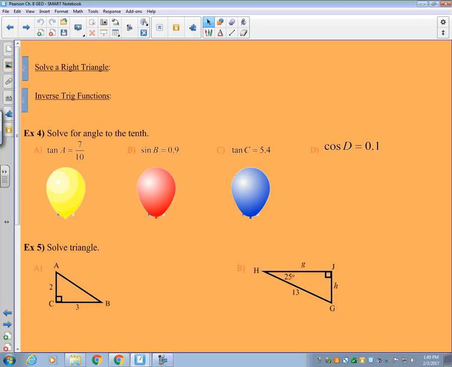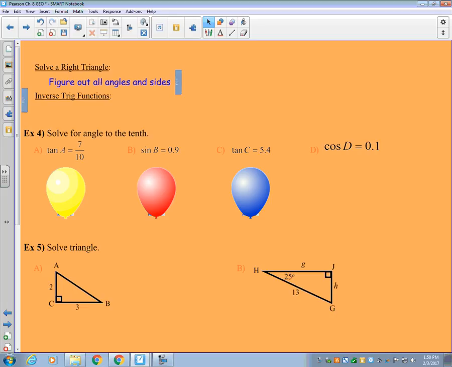Okay, we're going to go over the second part of Chapter 8, Section 3. And the first thing we want to talk about is what it means to solve a right triangle. When you are asked to solve a right triangle, you're asked to figure out all the angles and all the sides.